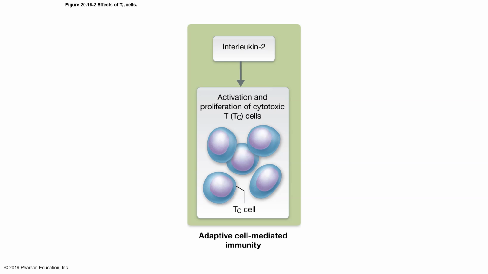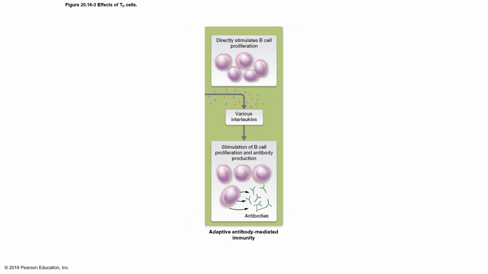Interleukin-2 can activate and cause proliferation of more cytotoxic T cells, and they can also directly stimulate B cell proliferation. These are all effects of helper T cells. They can stimulate more B cell proliferation and antibody production, and all of these antibodies are identical, and they'll all be attracted to the same antigen, just like a lock and key. It's very specific.